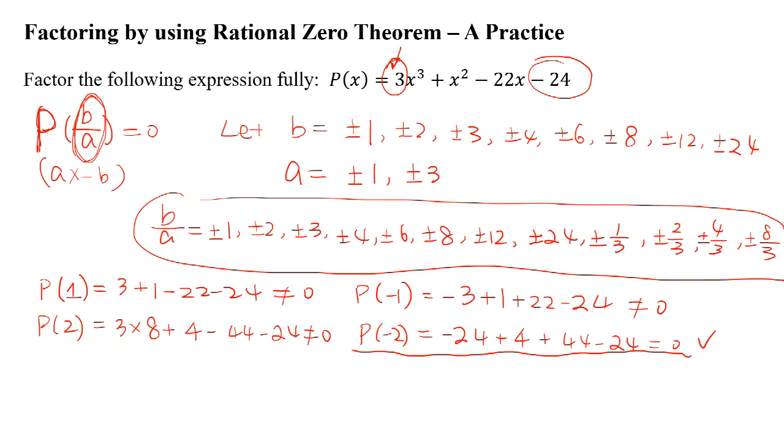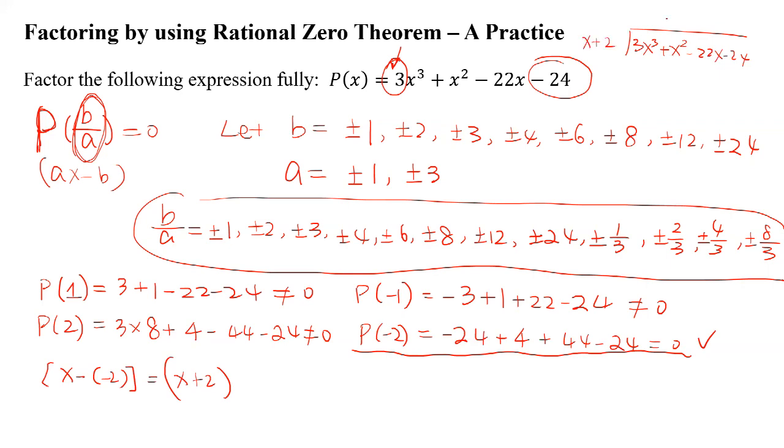So if minus 2 is a 0, that means x minus minus 2 must be a factor of the polynomial, right? Which means x plus 2 must be a factor of the polynomial. Then we'll need to perform long division to find the other factor.